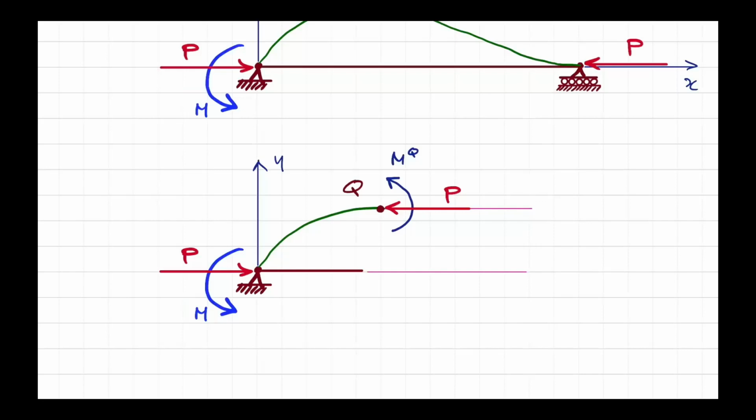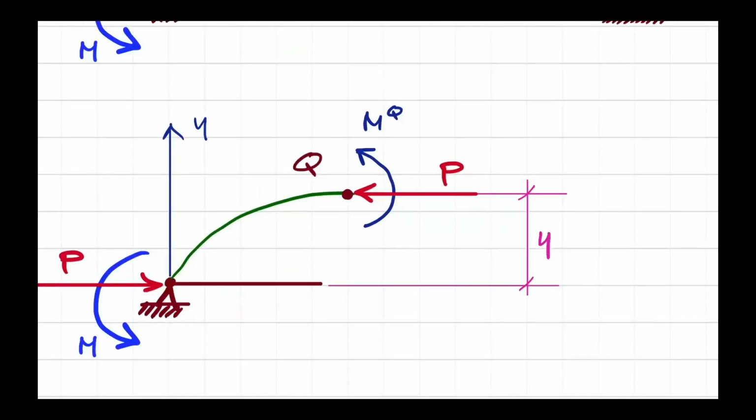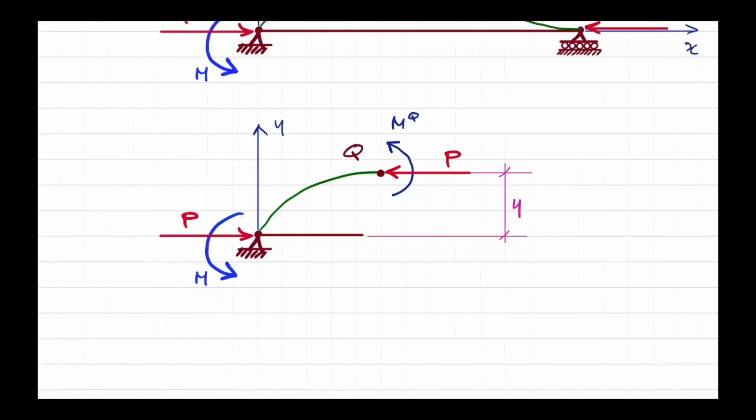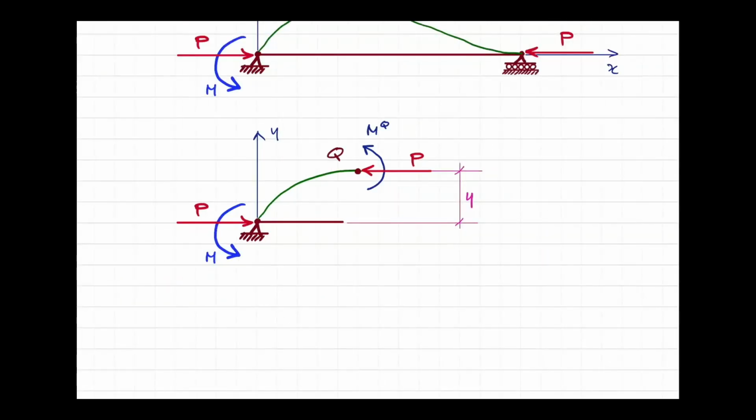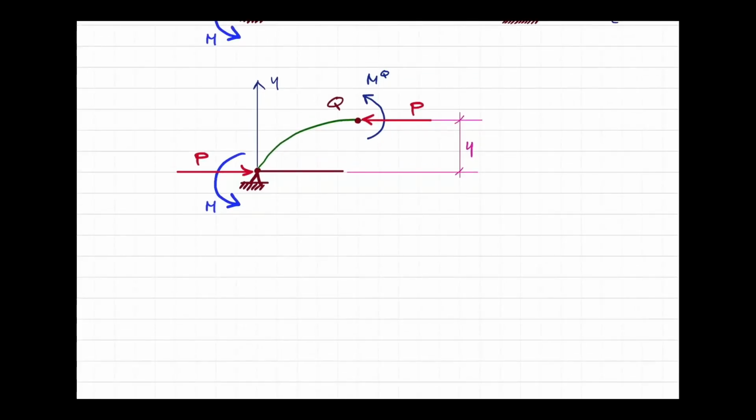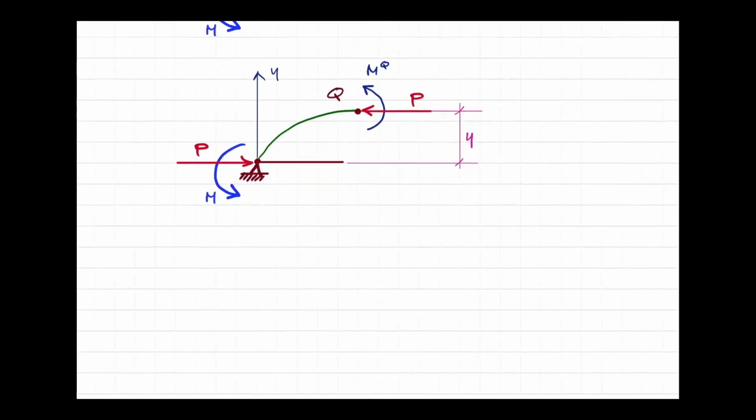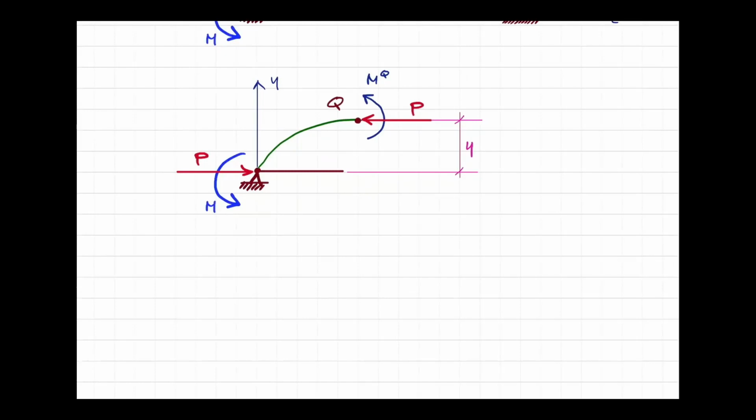And the distance over here is denoted by Y value. Okay, the Y value is actually the function of X. But then from this point here, we cast the equilibrium equation.